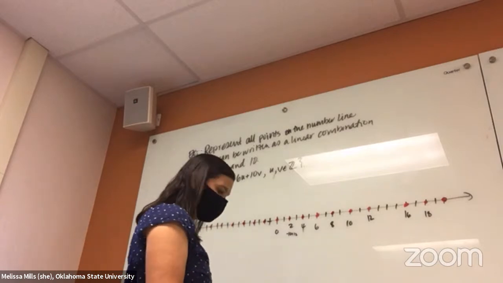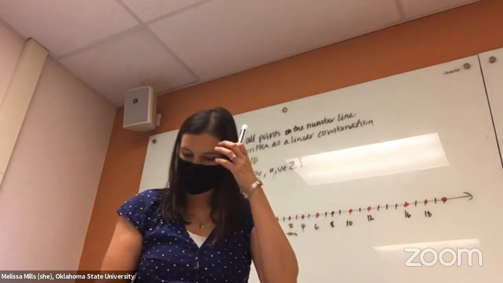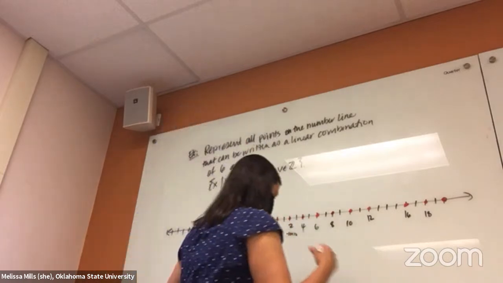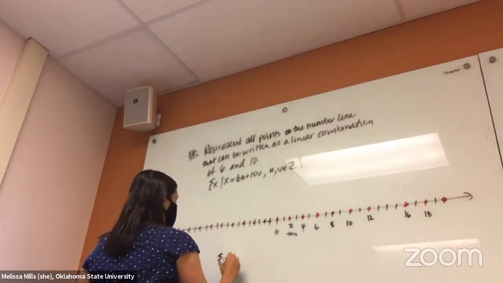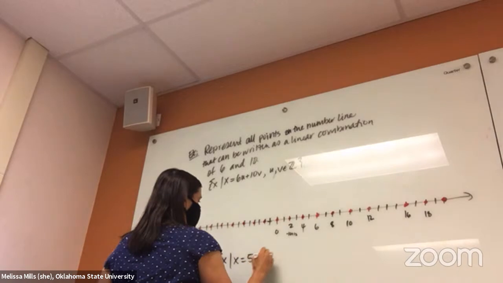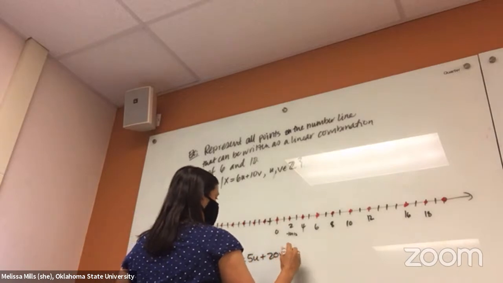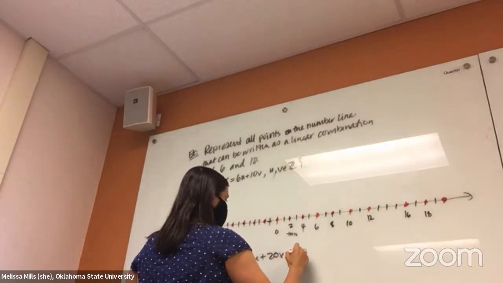All right, so what's your conjecture if we had 5 and 20? So what if I had this set of all x such that x equals 5u plus 20v, where u and v are integers?